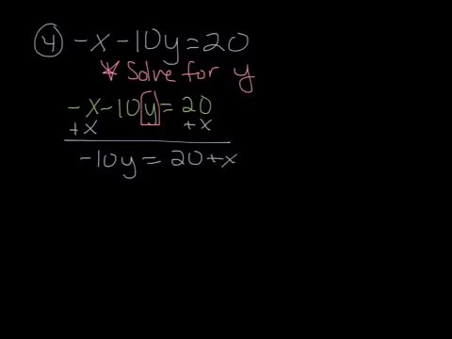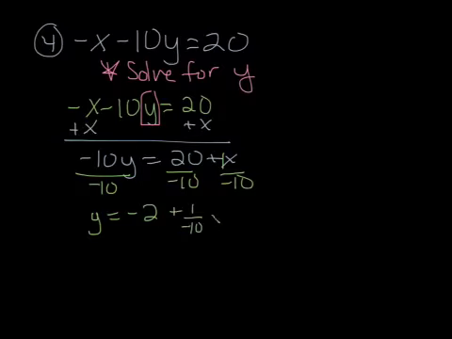The next thing I'm going to do is divide everything by negative 10. So on the left-hand side, I'm left with y. Right-hand side, I'm left with negative 2. And I also have an x over negative 10. So if you remember, that means I have 1x. And that's going to give me plus 1 over negative 10 times x.